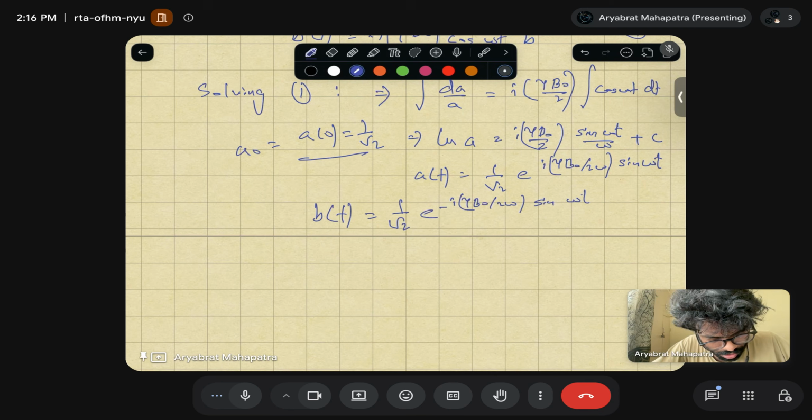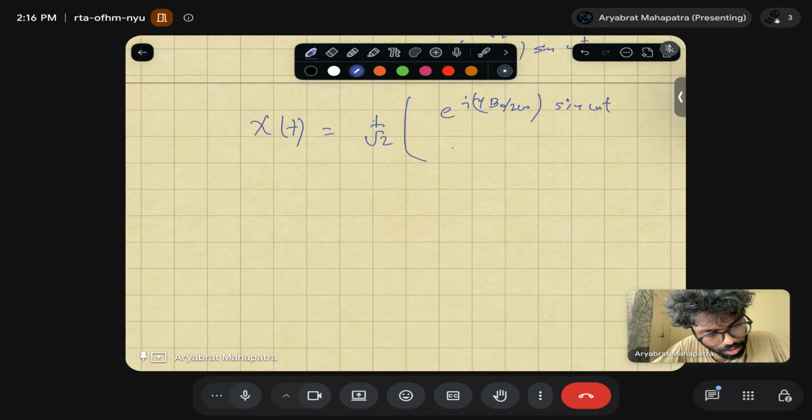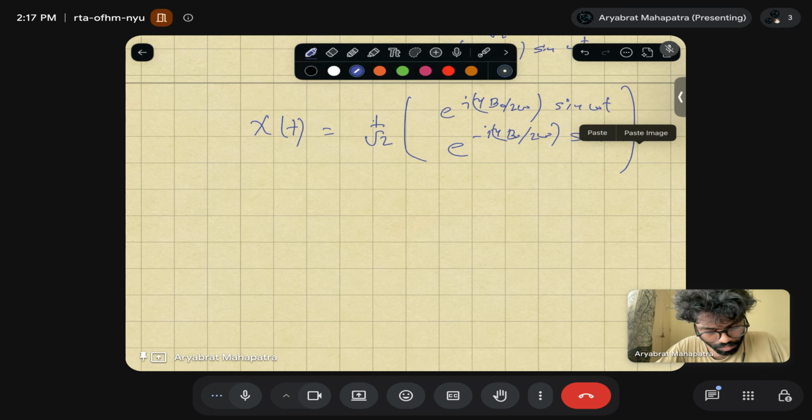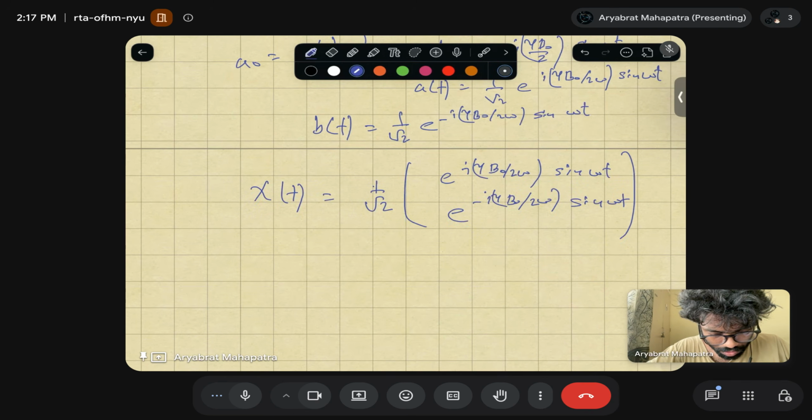So chi of t is finally 1 over square root 2 times (exponential of i gamma B naught over 2 omega sine omega t, exponential of minus i gamma B naught over 2 omega sine omega t). Yeah, so this will be your chi of t.